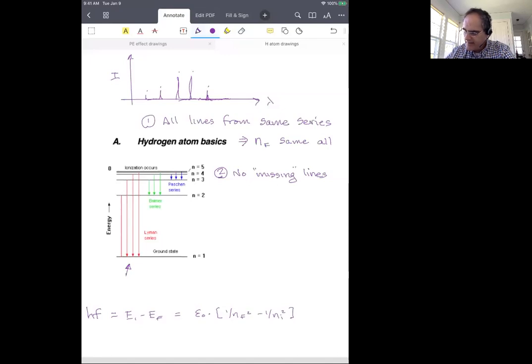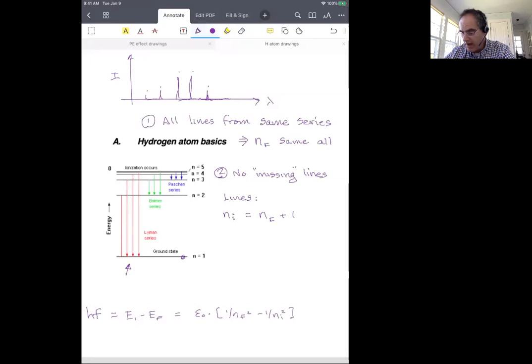And what that means is that all the lines we see have initial states that are equal to, well, there should be one line corresponding to NF plus 1. That would be like this transition.